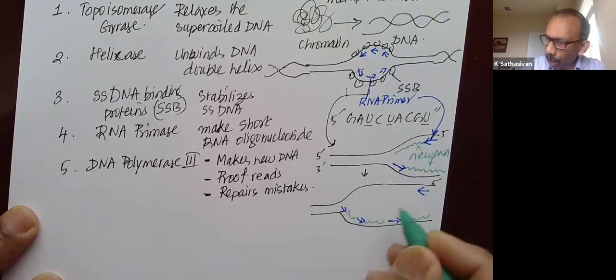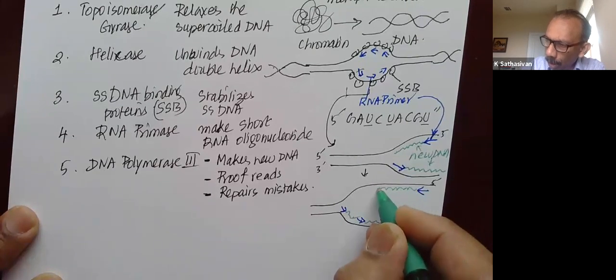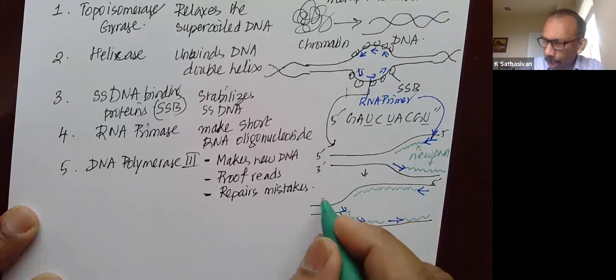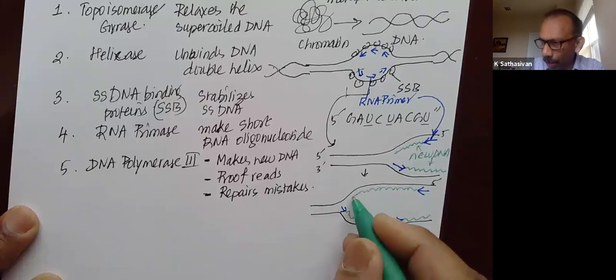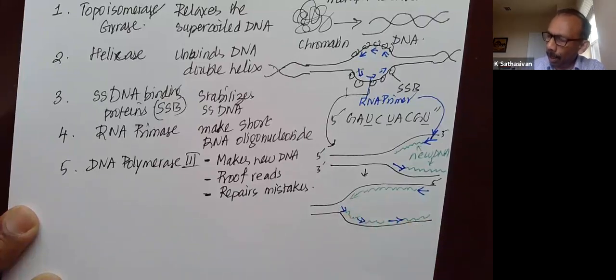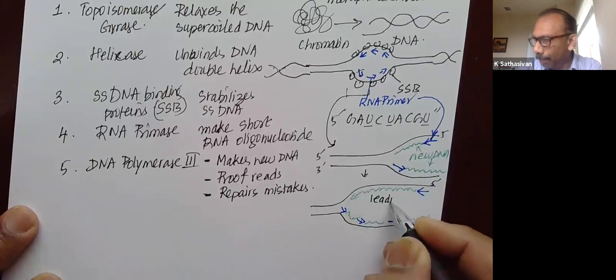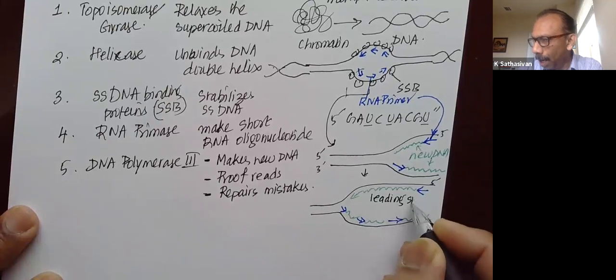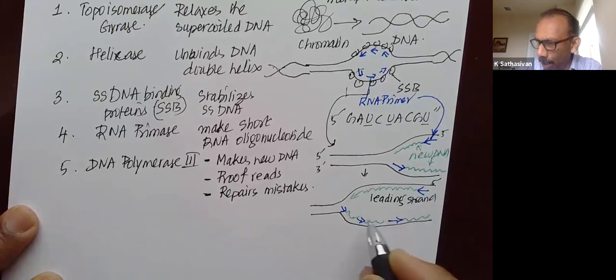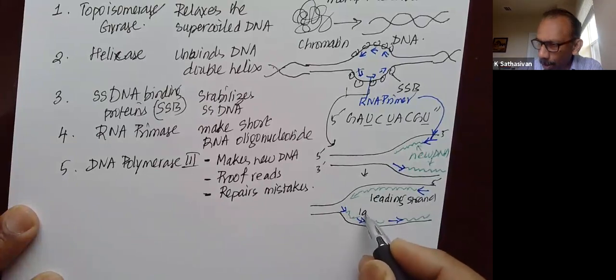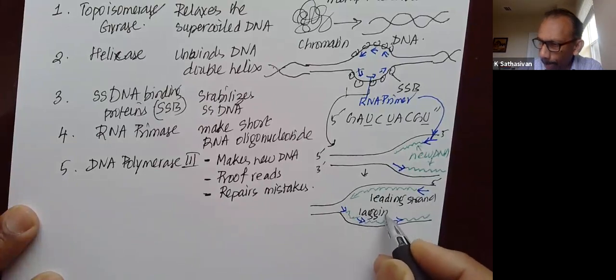So one strand is made continuously, and that is happening in the same direction as the direction of replication. This strand that is made continuously is known as the leading strand, and this strand that is made discontinuously is known as the lagging strand.